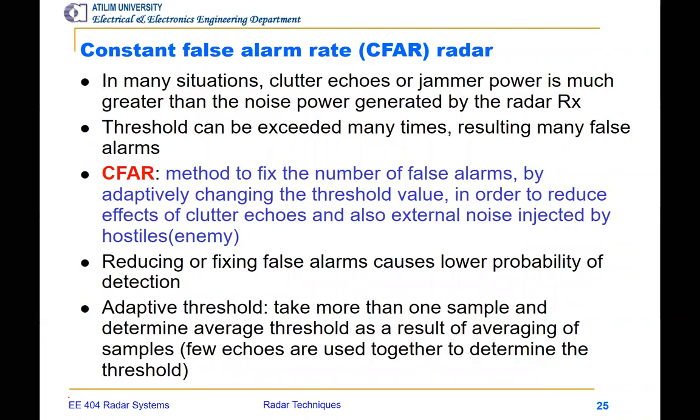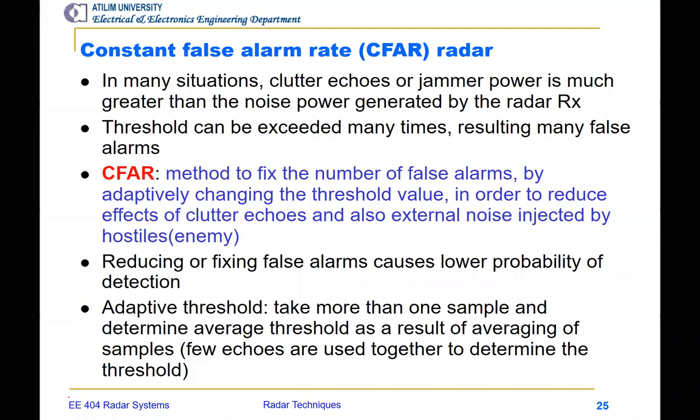So this comes to the constant false alarm rate radar, where we adaptively change the threshold according to the effects, according to the echo signals, clutter echo signals, and external noise. Okay, the idea is quite simple. We take samples, many samples, and then get the average.